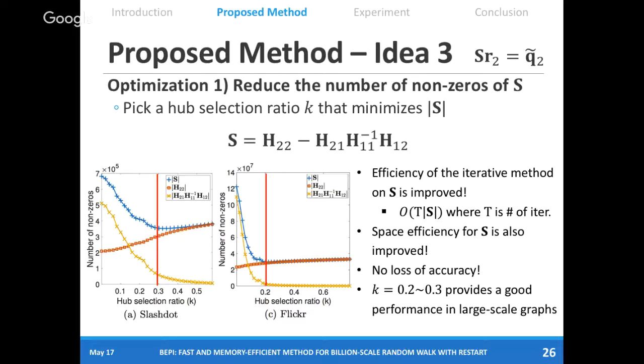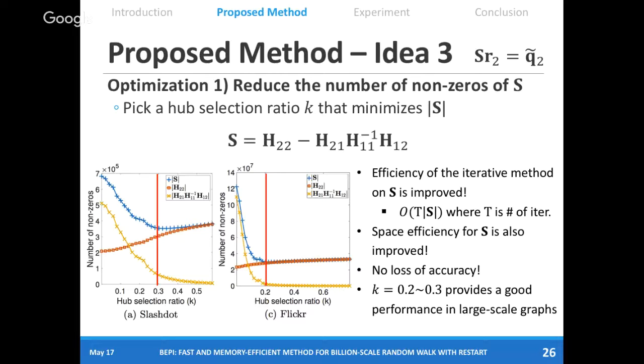As you can see, as K increases, the number of non-zeros of H22 increases gradually, and the number of non-zeros of this matrix product term decreases a lot. So the number of non-zeros of the Schur complement S decreases, and after some point, it increases again.